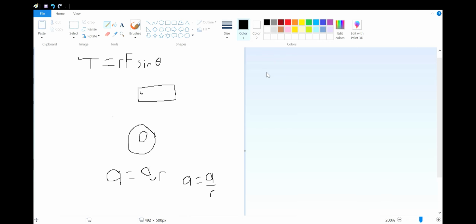And the sine function will be maximum when the force is exactly perpendicular to the radius, i.e. like this.